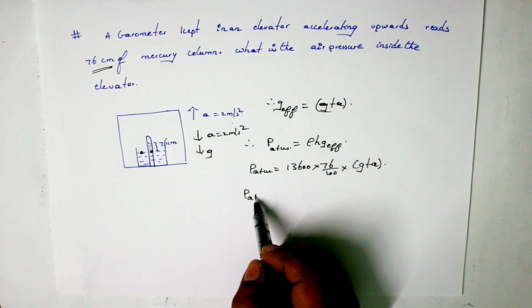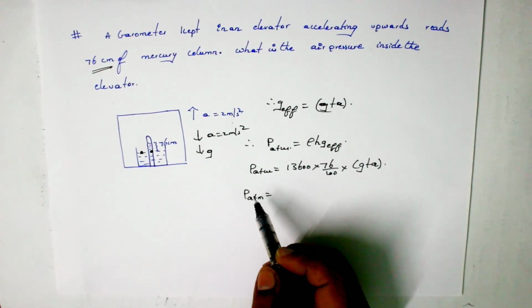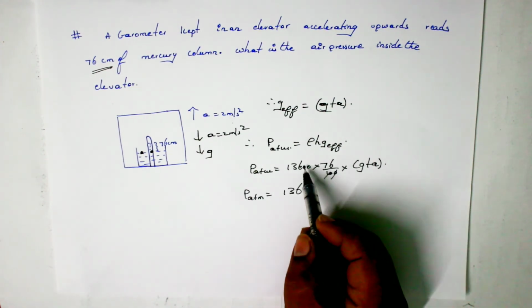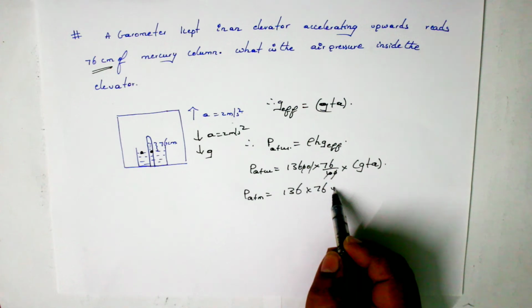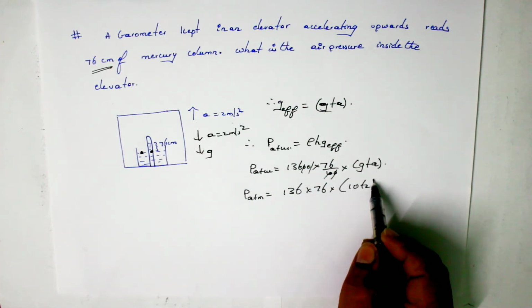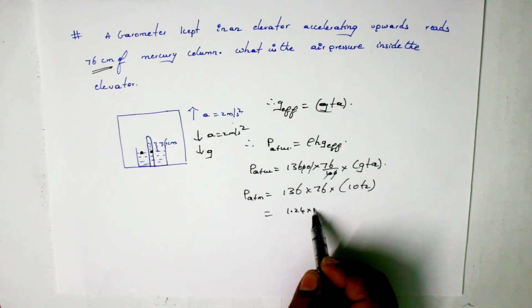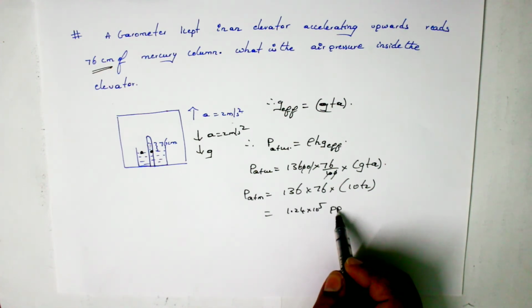So P atmospheric, that is pressure inside this lift, is equal to 13,600 into 76 by 100 into 10 plus 2. If I do all this calculation, then I will get 1.24 into 10 power 5 Pascal.